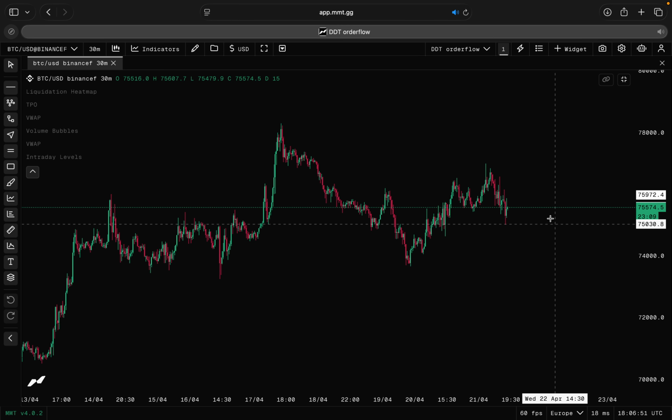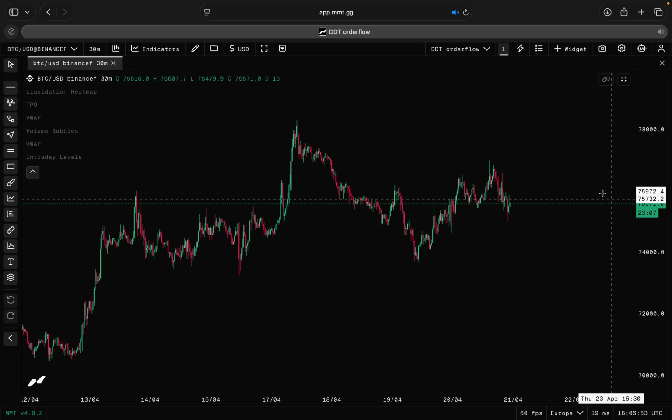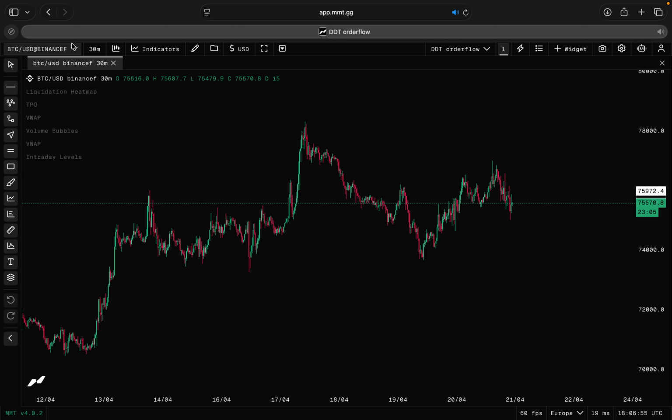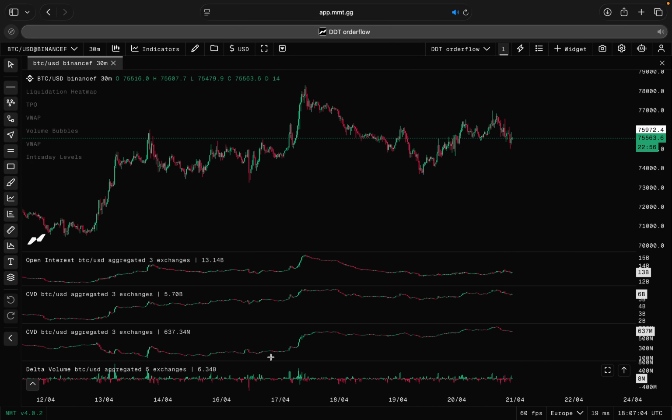First of all, it's important. I don't know if you guys already have the MMT, but it is free to use. I've also made a template, which is basically just the template I have.